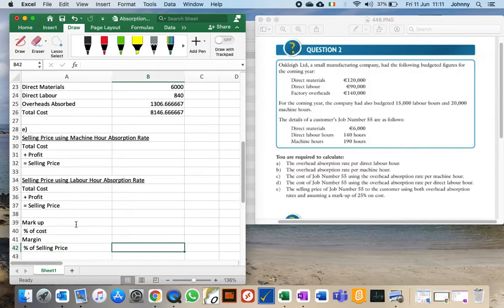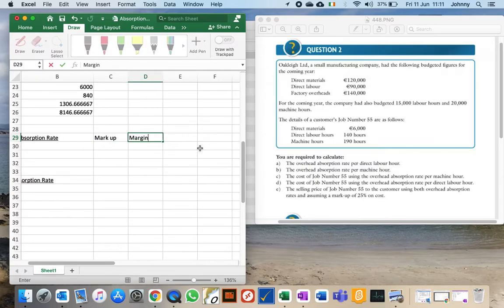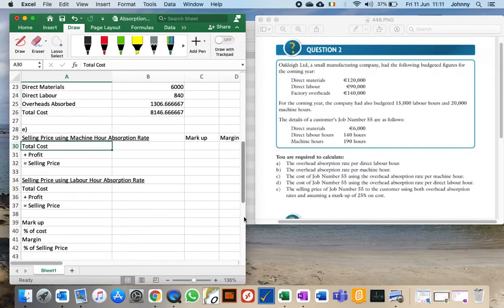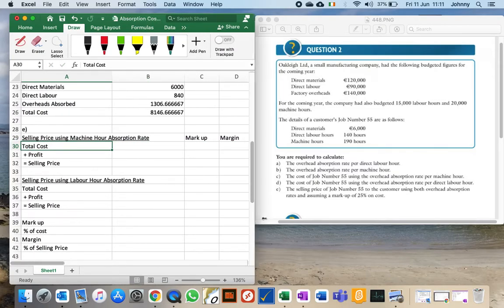So for this particular job, it says a markup of 25% of cost. That means that in percentage terms, if markup is a percentage of cost, then the cost must be 100%, the profit will be 25%, and that means that 125% will be the selling price.